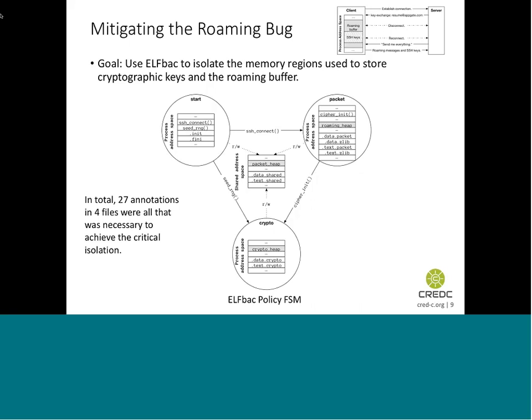To achieve this, we create a shared heap called the packet heap, where they can operate on shared data. So in total, out of the 100,000+ lines of code in OpenSSH, it only took 27 annotations, roughly 27 lines of code in 4 different files, to implement this kind of state machine using the existing mechanisms of linking and loading and ELF files to achieve this kind of isolation.